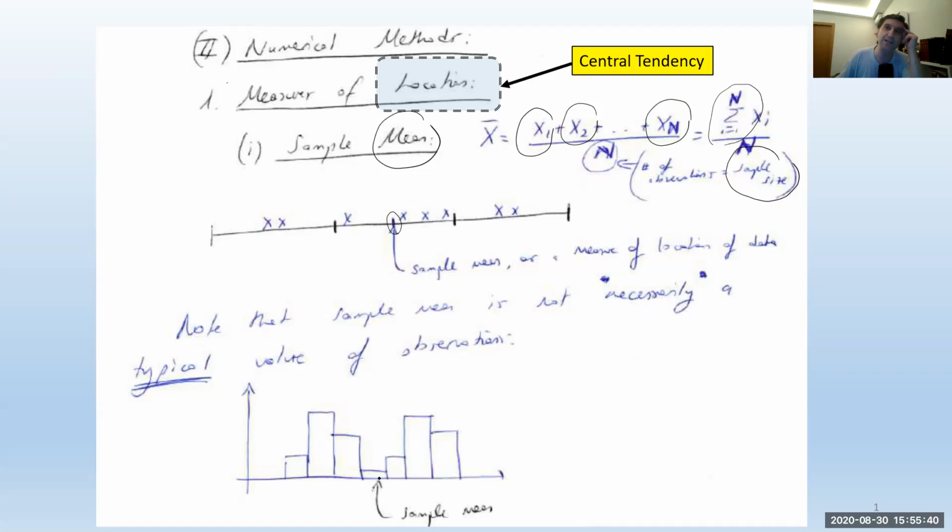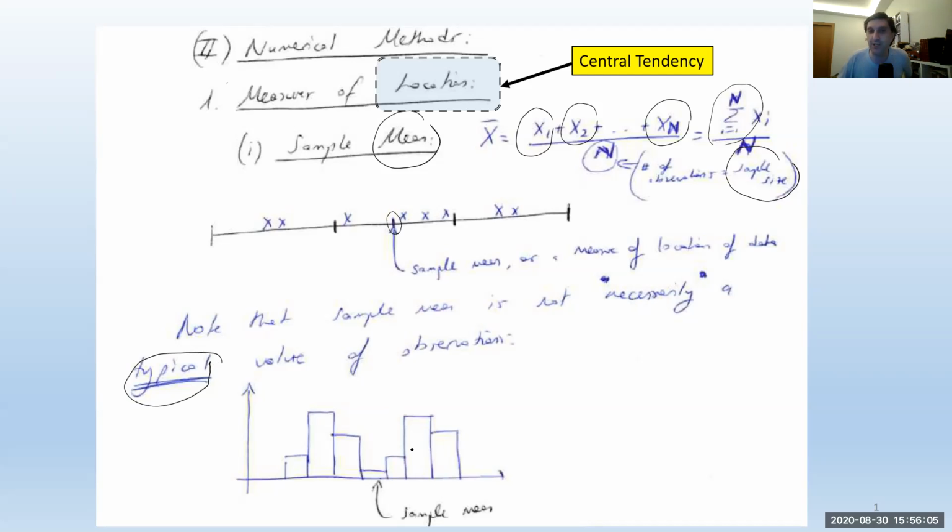You can assume that the whole mass is accumulated here, then you can do the calculations about torque or whatever. That's nice. But in statistics, when you find the sample mean to be at this point, and you assume that the sample mean is the most typical value of observations, you are totally wrong about that.